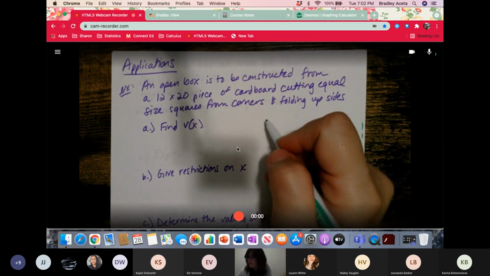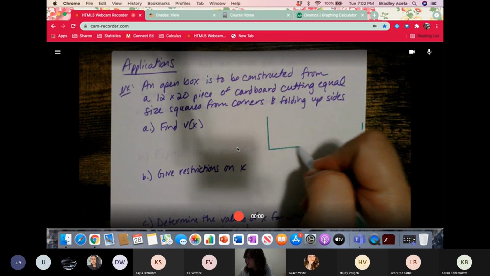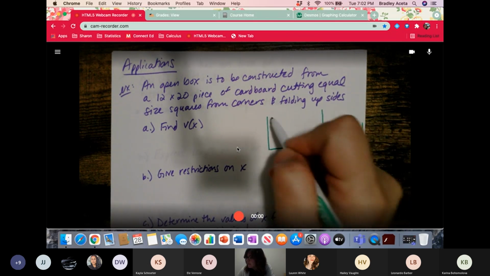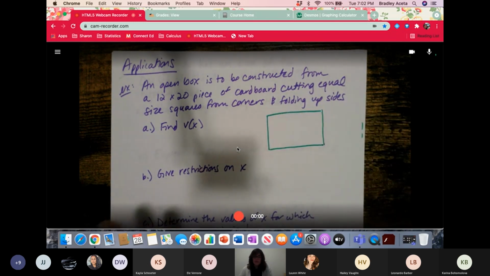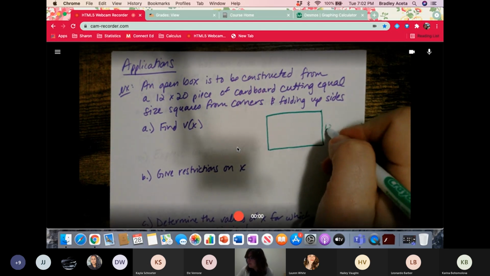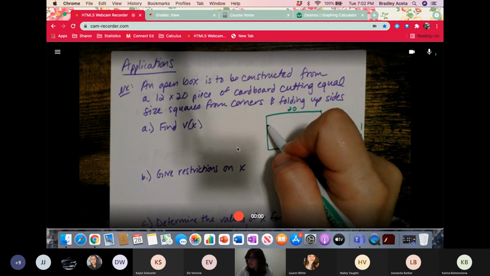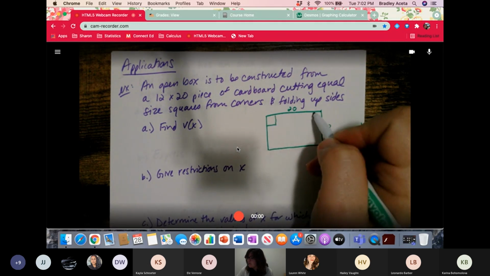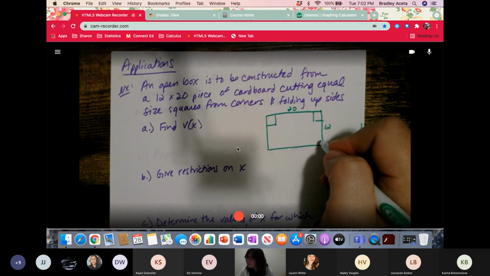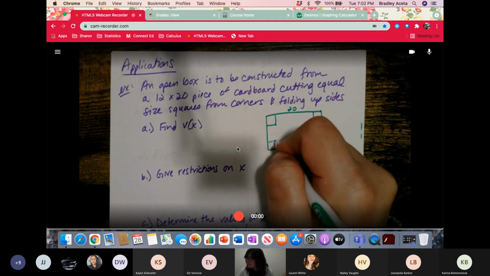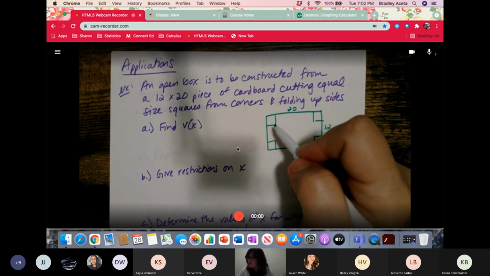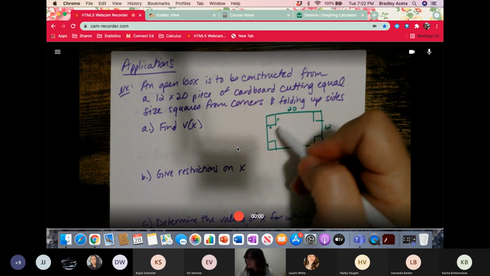If you have a box, and the dimensions of that cardboard box are 12 by 20, and you're going to cut out squares from each of the corners, and they're all equal size, but you don't know their dimensions.